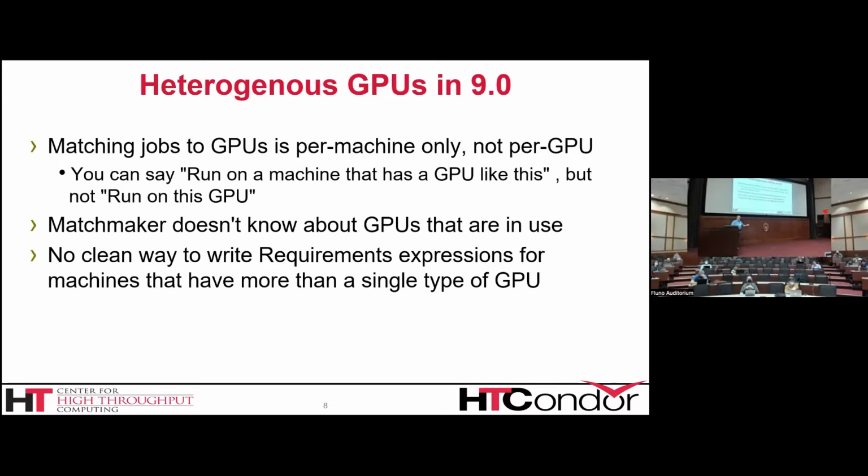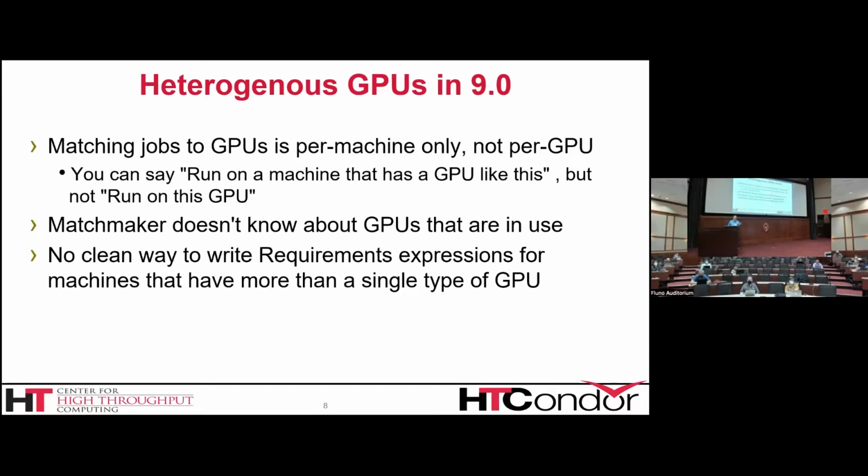We support homogeneous GPUs just fine because the attribute names that get published in all of the slot ads are the same, right? You get CUDA device name, and it's the same in every ad. For GPUs that are heterogeneous, however, we publish a whole bunch of different attributes, each of them with variable names, and we don't distinguish between the attributes that talk about the GPU that is assigned to that slot and the attributes that are assigned to other slots.